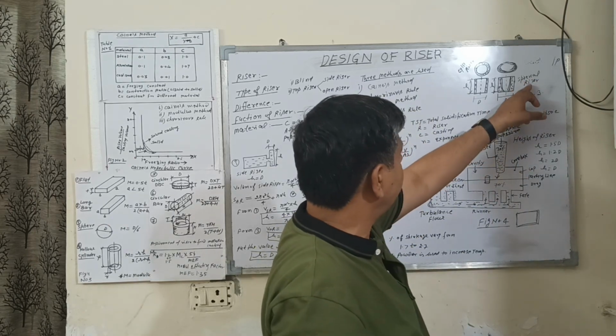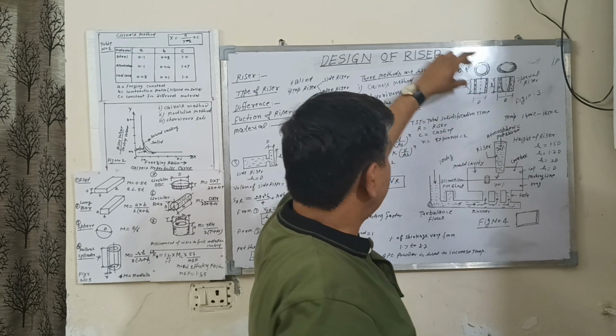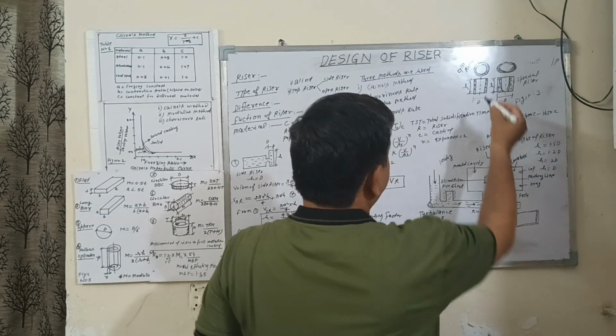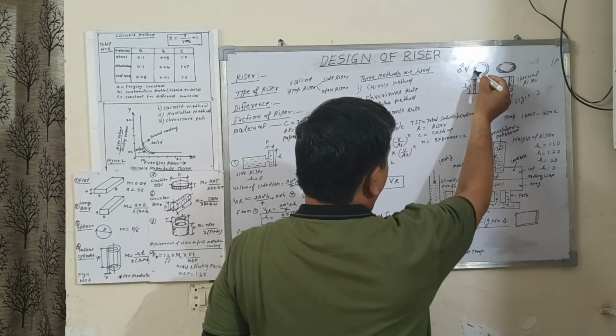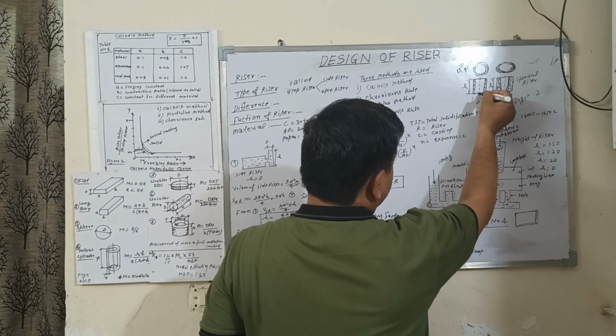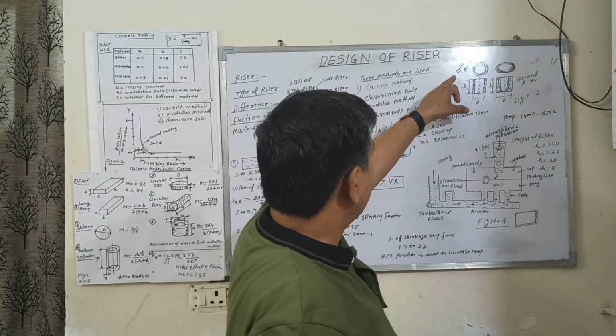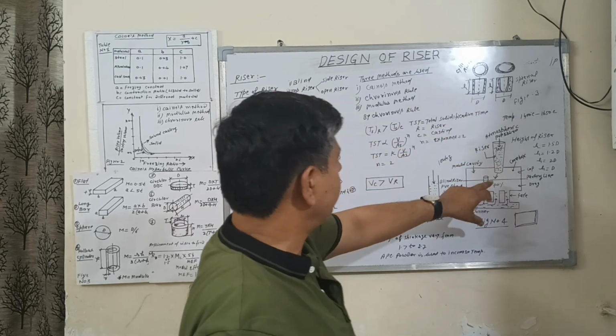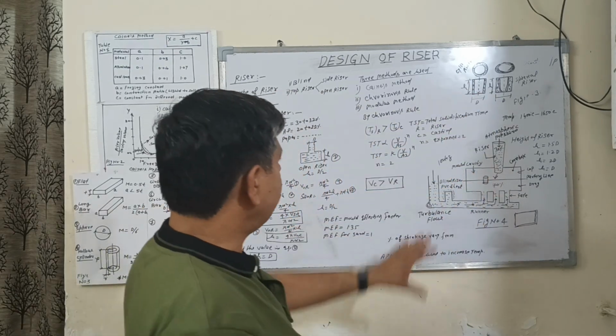In a cylindrical riser, the metal solidifies uniformly at every point, so there will be no chance of blocking the passage. So the cylindrical riser is always used.